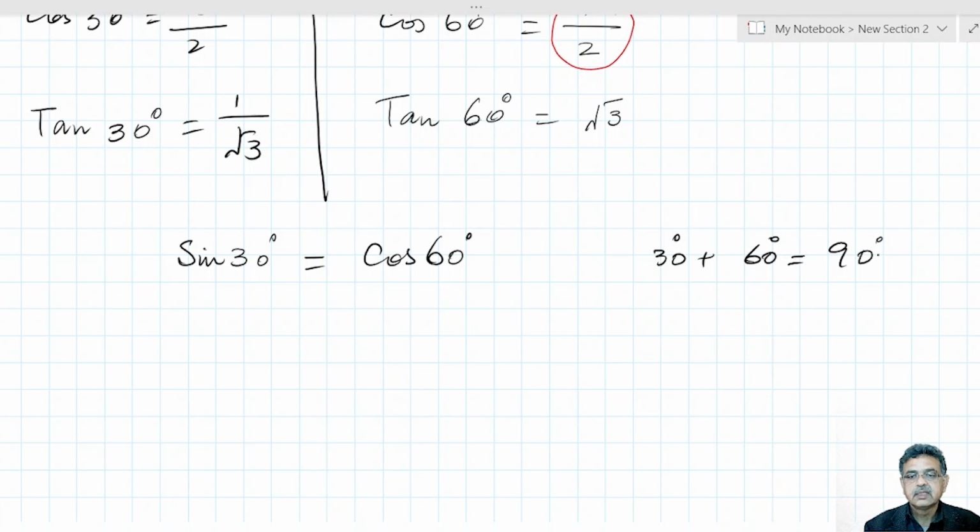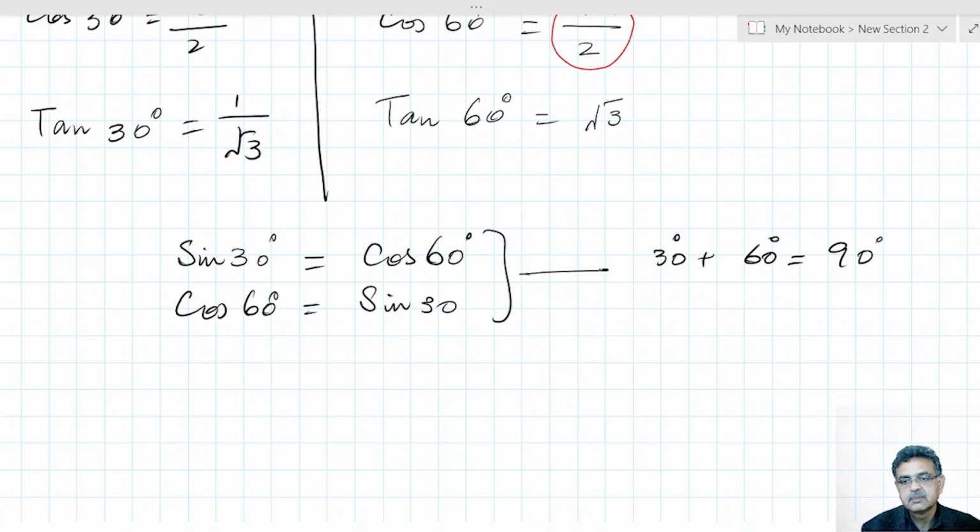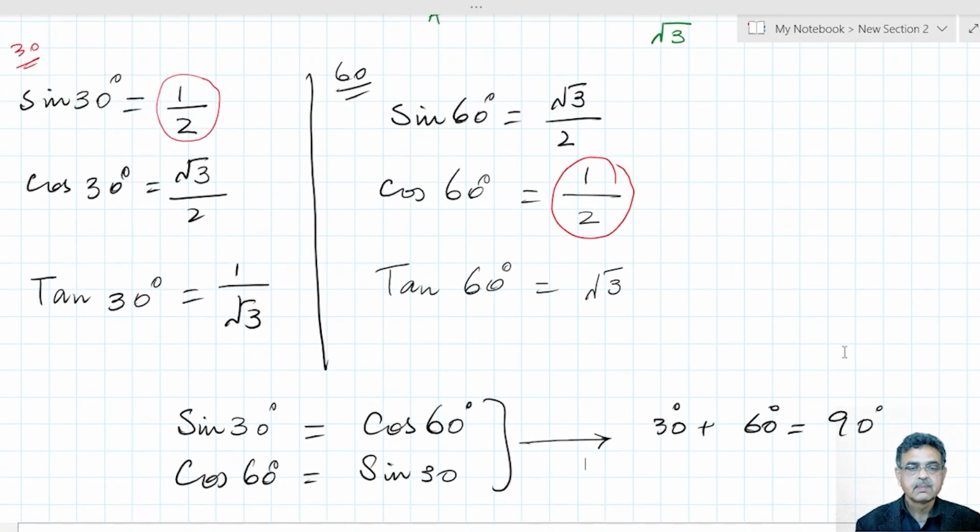So from here we can conclude that whenever the sum of two angles is 90 degrees, then the sine of one angle will be equal to the cos of the other angle. Here, cos 60 must be equal to sine 30, and the reason is the same: the sum of 30 and 60 is 90.